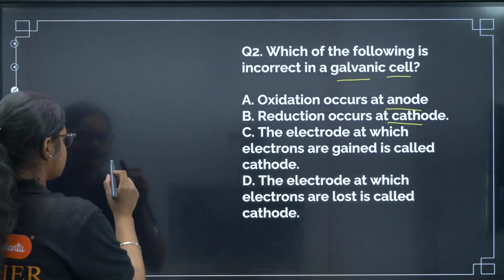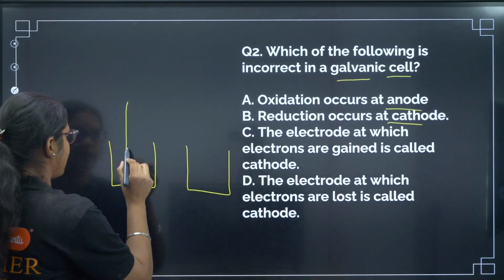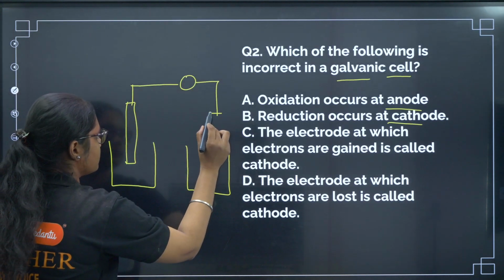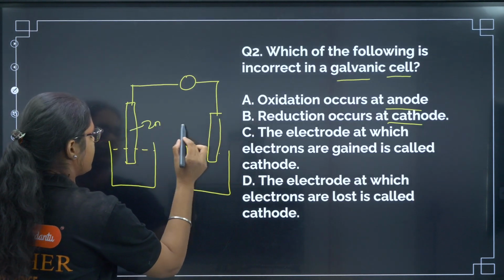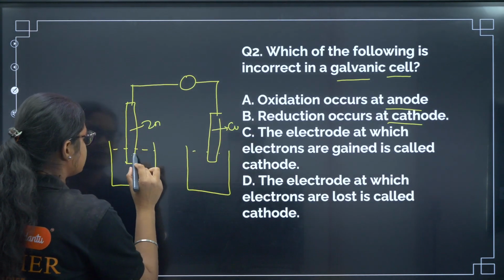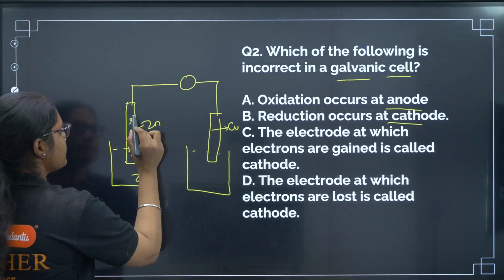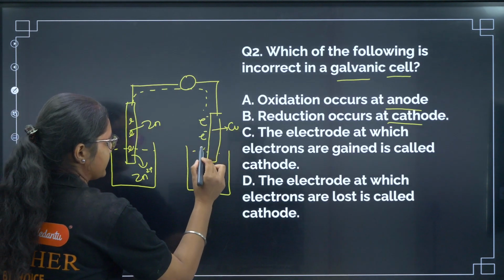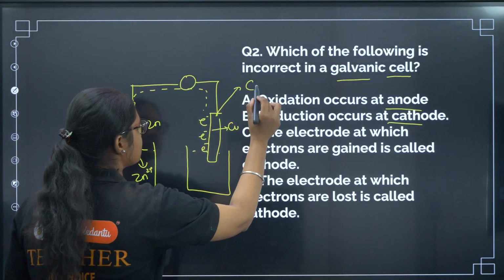Now let us understand this in a small diagram. If you remember a galvanic cell, we have this type of setup, right? I took zinc here and copper on this side, and zinc comes out as Zn2 plus, leaving the electrons here. These electrons move and are collected here. So this is my anode and this is cathode.